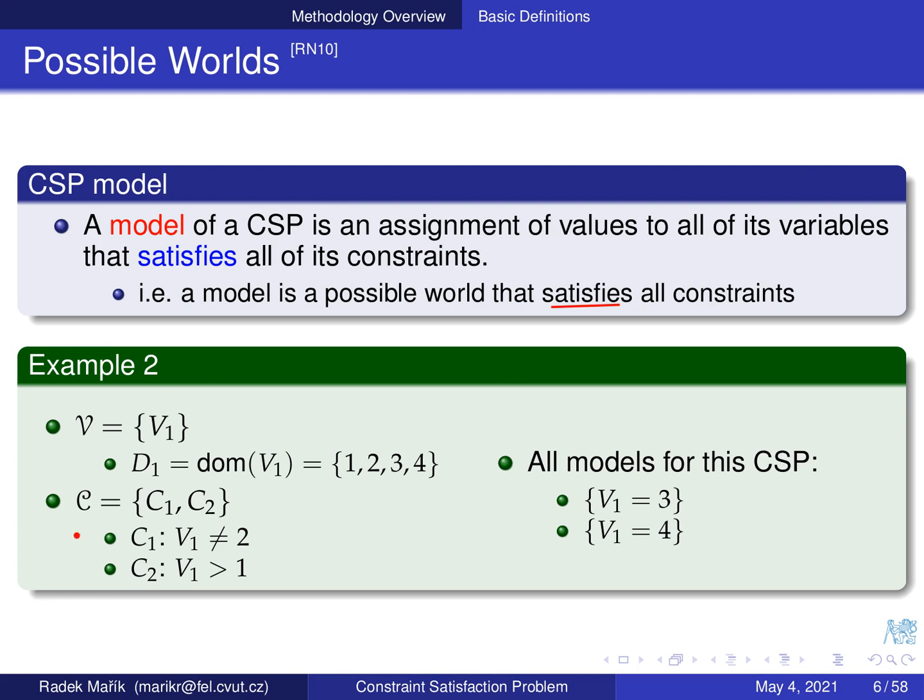In the first example, one model is, for example, to assign 3 to V1, because it belongs to the domain, it is not equal to 2, and it is higher than 1, and the same is valid for V1 equal to 4.